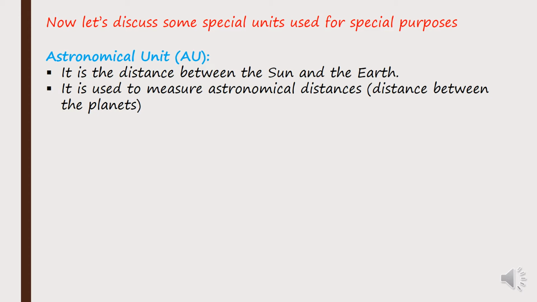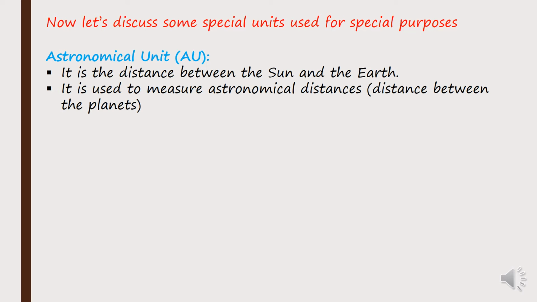And why is it used? It is used to measure the astronomical distance, which means that it is used to measure the distance between the planets. Once you know the distance between the earth and the sun, you keep it as a standard unit, and in terms of that you can also calculate the distance between the sun and the other planets and represent it.